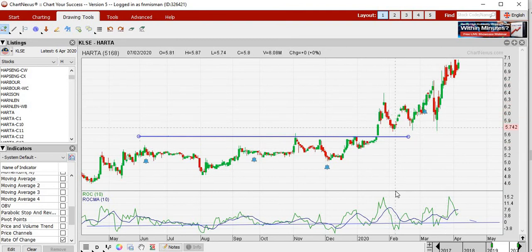When the price makes a correction but moves up again, you can see that during the uptrend, the ROC value is located most of the time above zero. When the ROC value is above zero, it means that the change of price is positive, or the price keeps increasing compared to the previous day, in this example 10 days before.